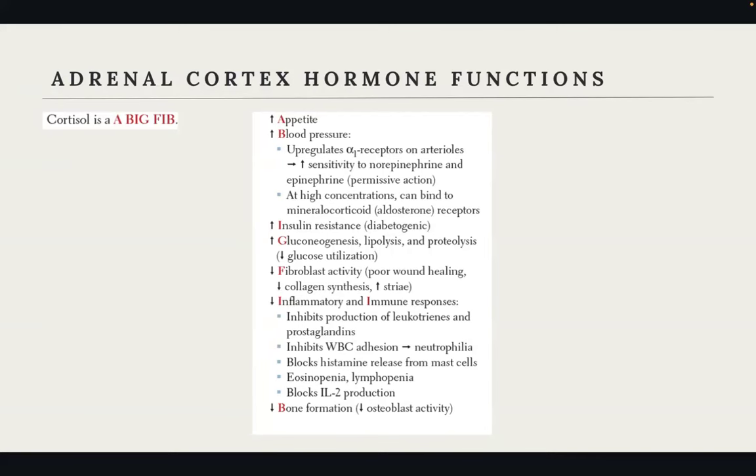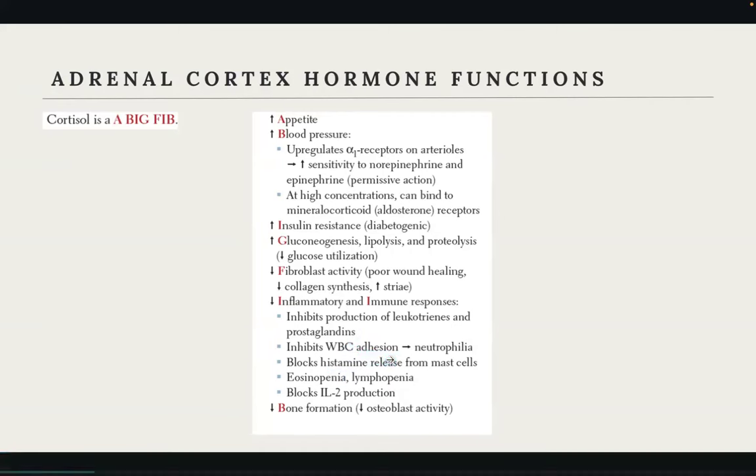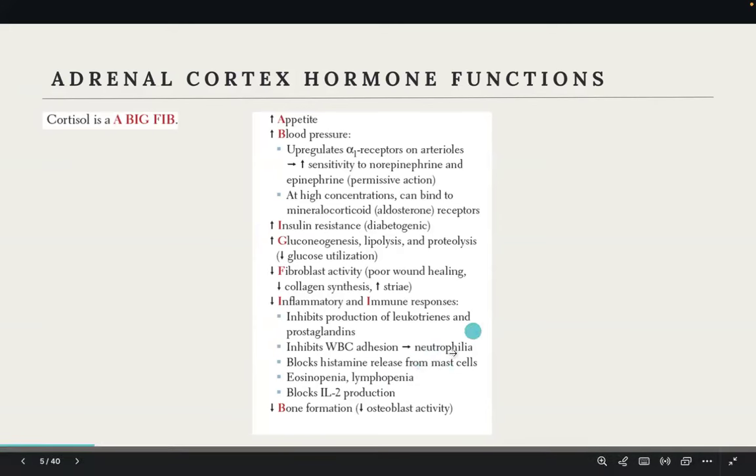Now, for white blood cells, if you guys know from FND, whenever there's an inflammation or a cut or whatnot, they will aggregate, stick to the surface of the endothelium, roll and extravasate, all of that. This process is inhibited. White blood cells can't do adhesion with each other. Now, neutrophilia, it's an increase in neutrophils, right?